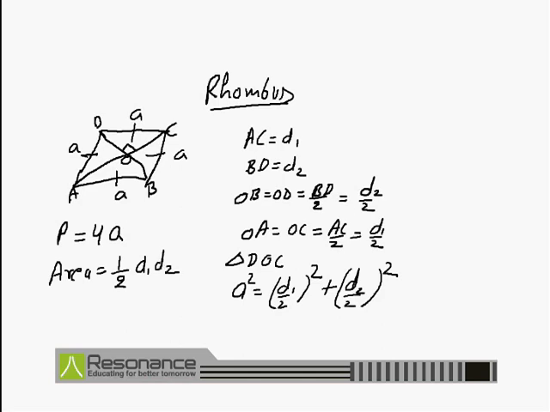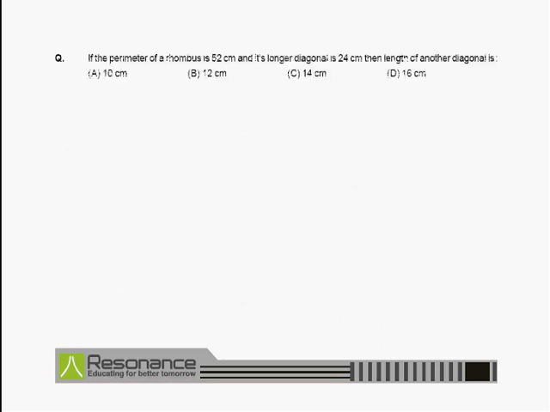Now we move to the questions related to rhombus. If the perimeter of a rhombus is 52 centimeter and its longer diagonal is 24 centimeter, then the length of the other diagonal is?